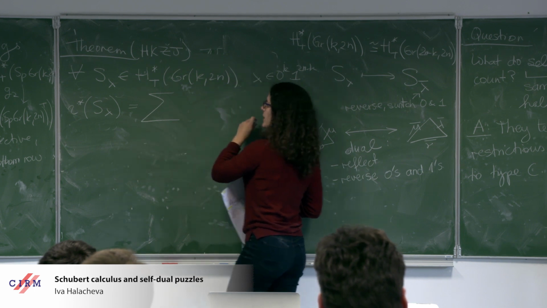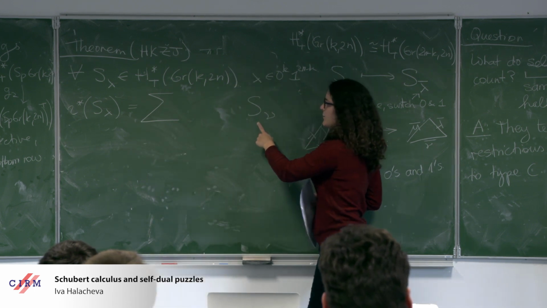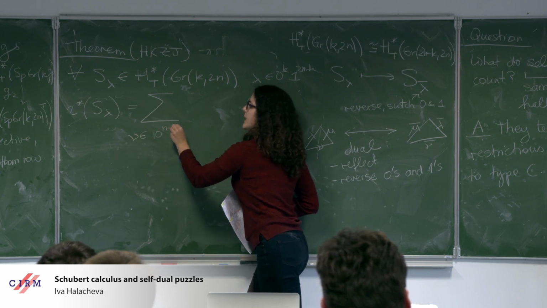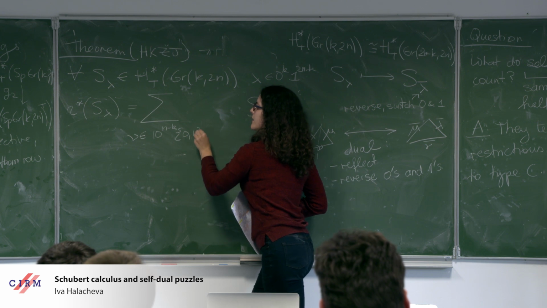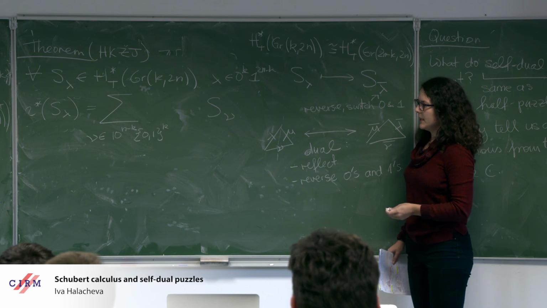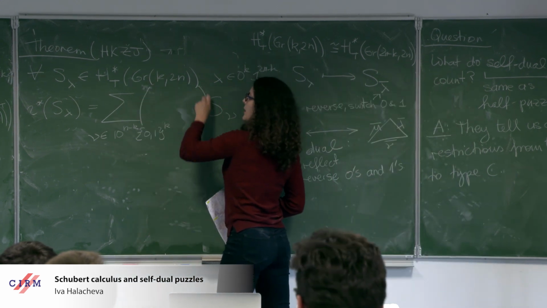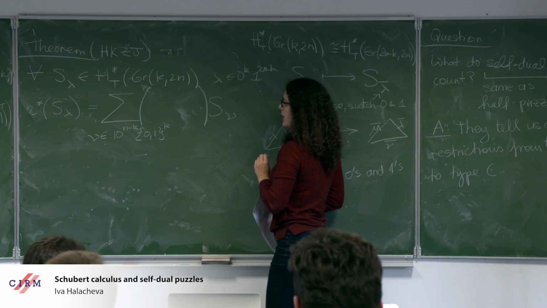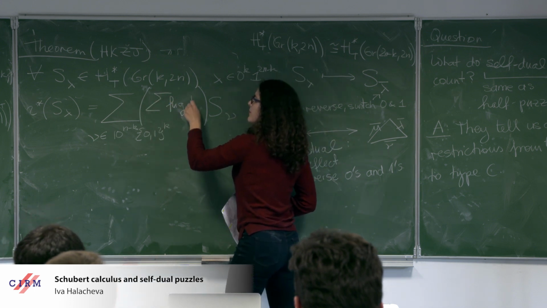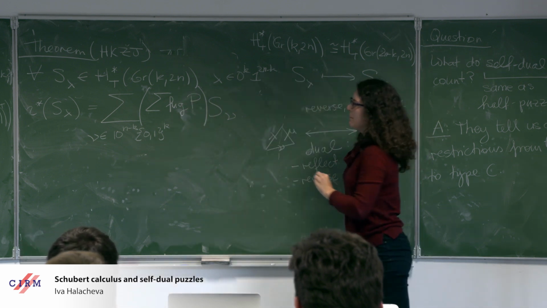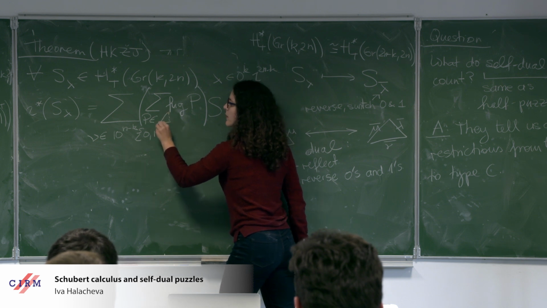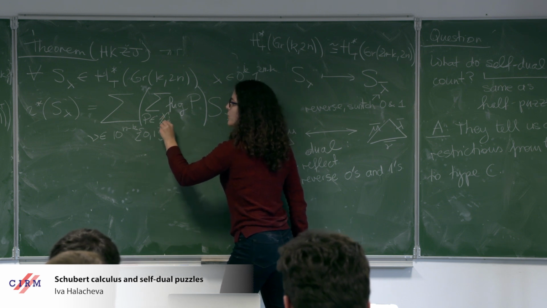Here on the symplectic side, as we saw, the Schubert classes are indexed by strings with n minus k tens, and the rest of the k integers are among 0 and 1. And so here the coefficient is, again, summing over the fugacity of puzzles, where P is a half puzzle, with size lambda and nu.